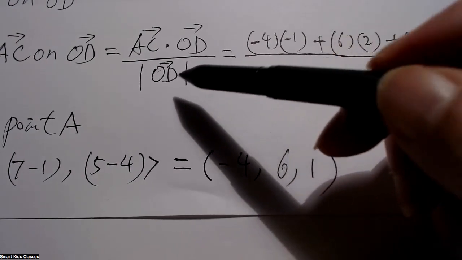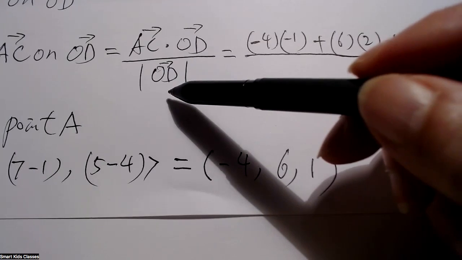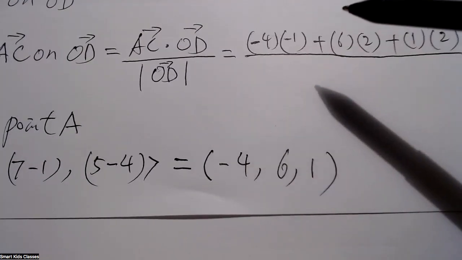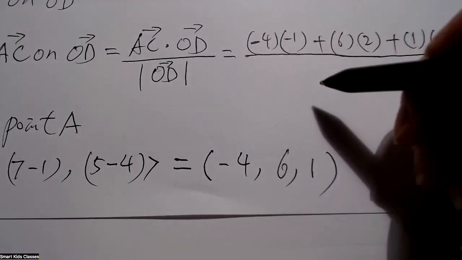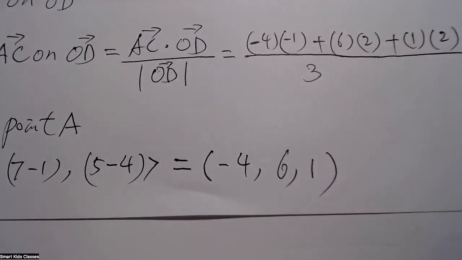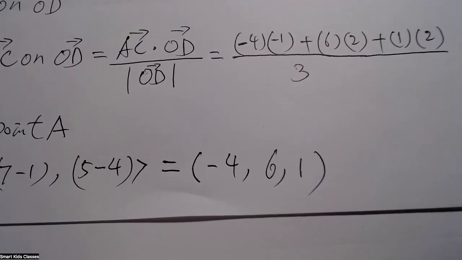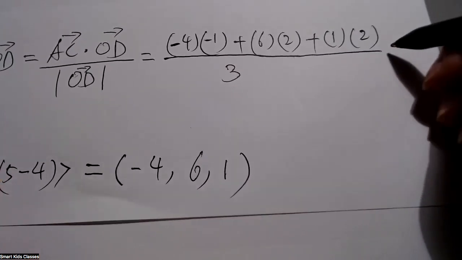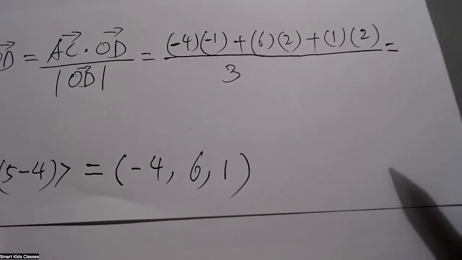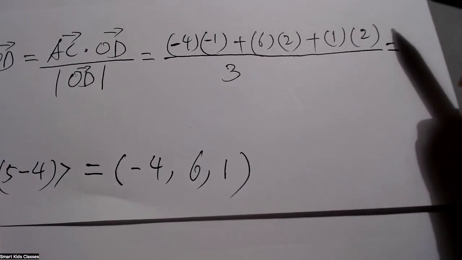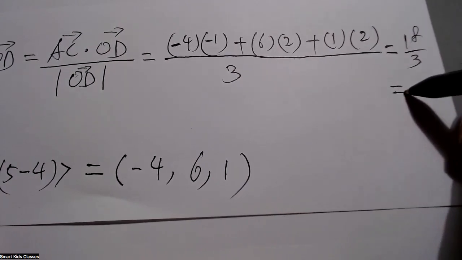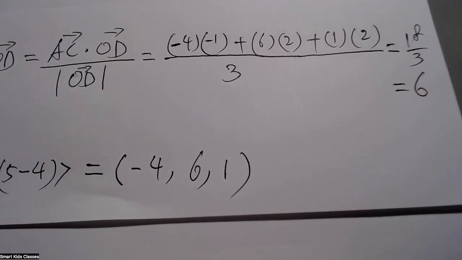So we're going to use the distance formula to find the magnitude of OD, which we did already, is equal to 3. So we're going to write the final answer here. So what are we going to get? It's going to be equal to 18/3, which is equal to 6.